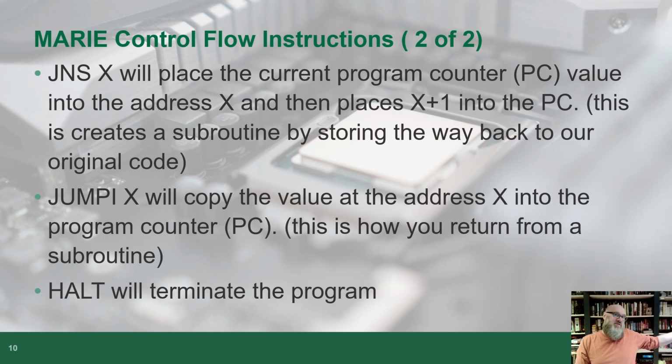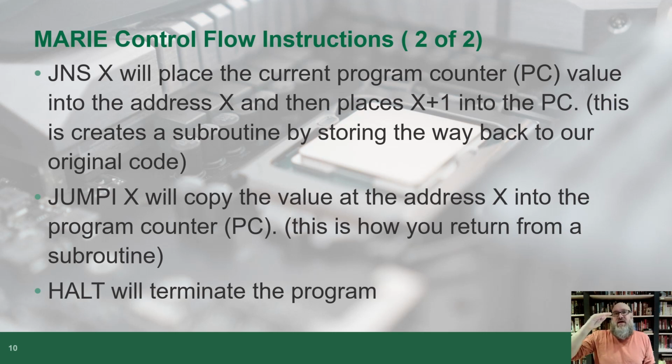So it's going to hold an address. And then we place x plus 1, or that address plus 1, the next line after it, into the program counter, meaning that we have a subroutine that starts off with a place to hold the memory address of where we're going to be able to go back.